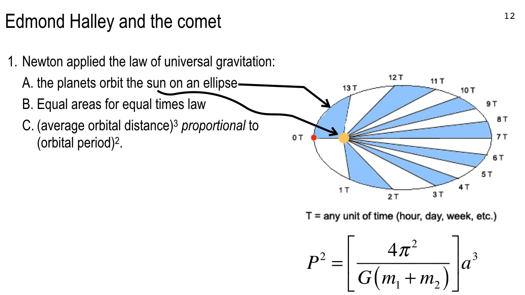And then over to the right, a to the third is the average orbital distance. So you take that to the third, and you take the year, capital P, the orbital period, square that, and it always equals the same proportion, the square brackets. And so this is really Kepler's third law.